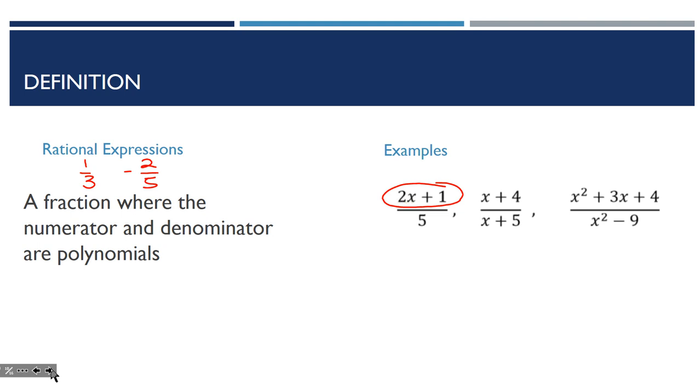So today, we're going to simplify these things. And you know how to simplify fractions. For example, if I gave you the fraction 8 over 16 and told you to simplify it, that means reduce it. You know that 8 over 16 simplifies or reduces to 1/2. But now, what do I do if I give you something like x squared plus 3x plus 4 over x squared minus 9, and ask you to reduce that?